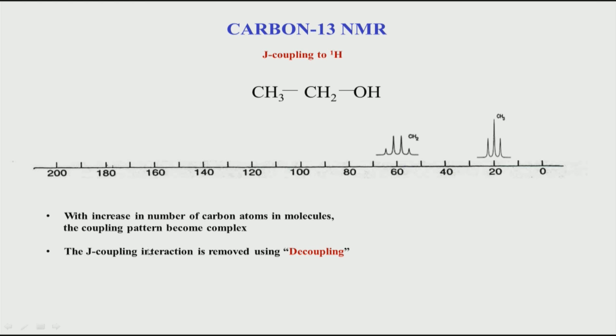We can remove that interaction. We can get rid of this coupling multiplet and get only a single peak instead of a multiplet. That is possible, and the technique we use is called decoupling. Decoupling is basically a method to remove the J coupling interaction between carbon and hydrogen.